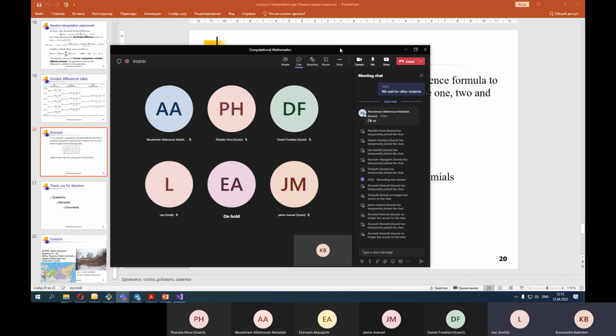And then maybe we briefly consider some features of interpolation that we skipped today. But the main topic of the next lesson will be differentiation, numerical differentiation.